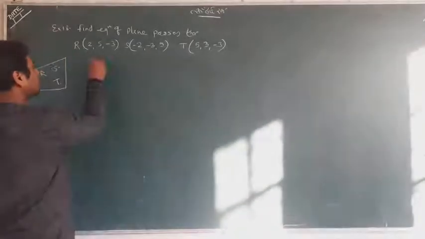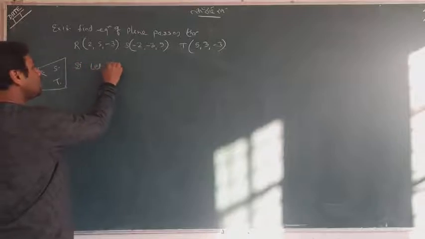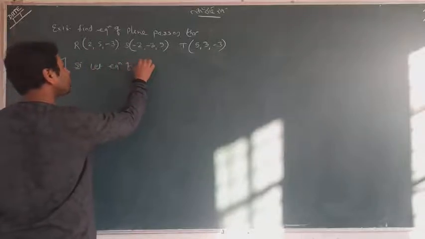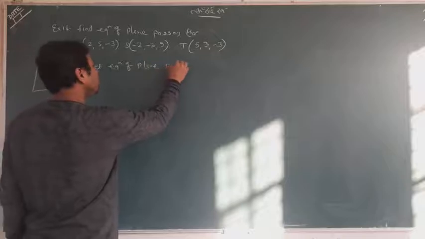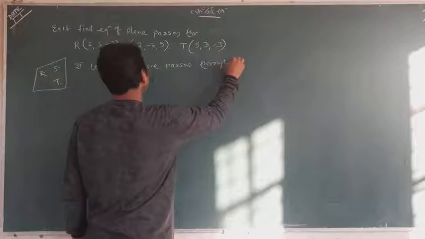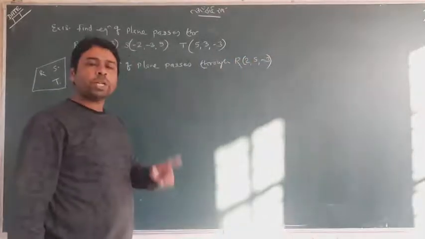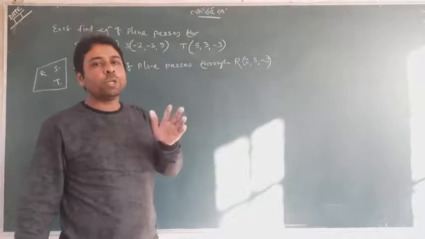So can I write the step? Solution: let the equation of the plane passing through the point R. You take one of the points; don't worry about which you prefer first.